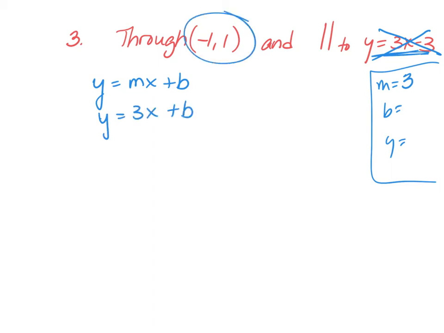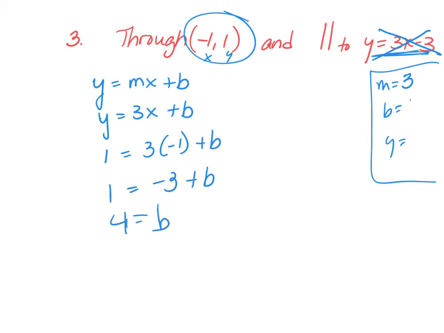Now it's time to use this guy, and he's an x and a y. So we get 1 equals 3 times -1 plus b. 1 equals -3 plus b. b equals 4. I got 5. 3 times -1 is -3. Okay. Yeah. And then we go y equals 3x plus 4 should be our answer.